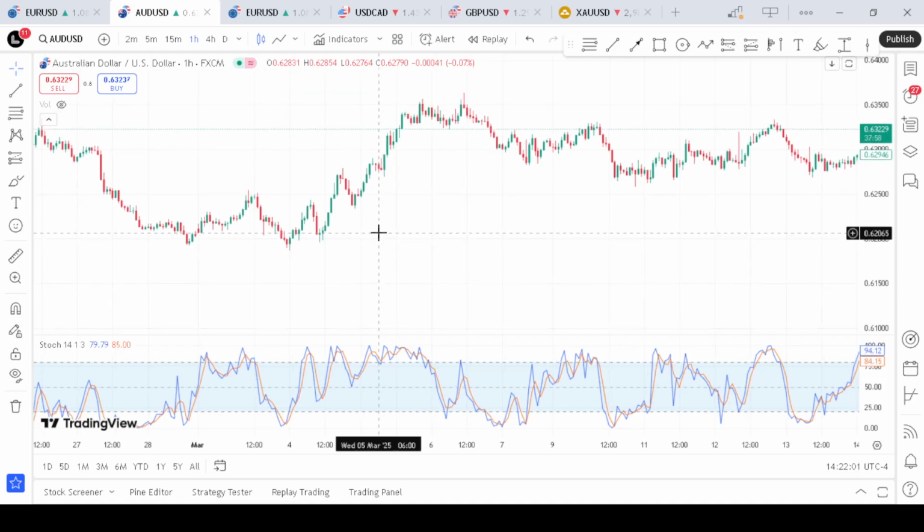This is a momentum indicator designed to measure the position of a security's closing price relative to its high-low range over a specific period.